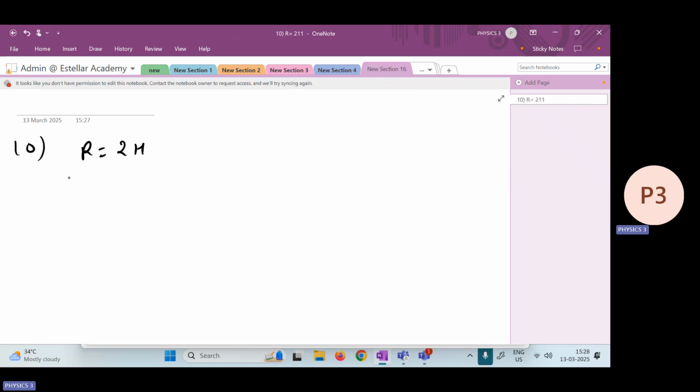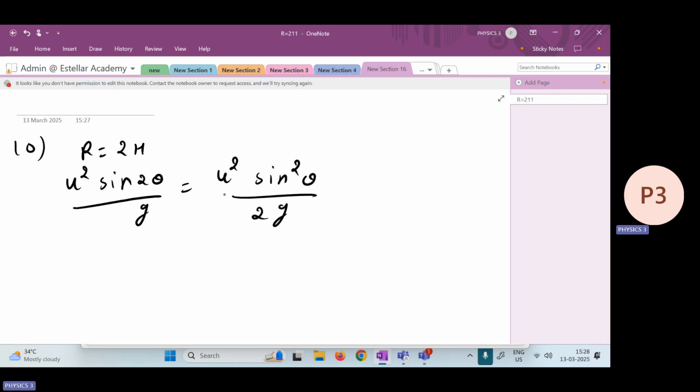Okay, so we can write u square sine 2 theta upon g is equals to u square sin square theta upon 2g, right? This we have given. U square got cancelled out, g got cancelled out. In place of sine 2 theta, we can use 2 sine theta cos theta is equals to sine square theta divided by 2.